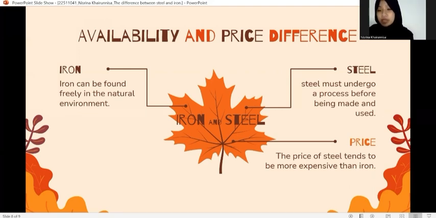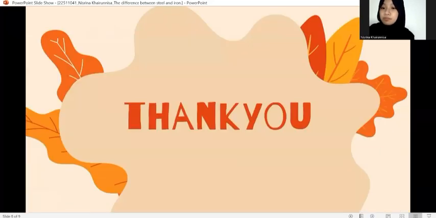Therefore, the price of steel tends to be more expensive than iron, which is widely available in the market. So that's all my explanation about the difference between steel and iron.